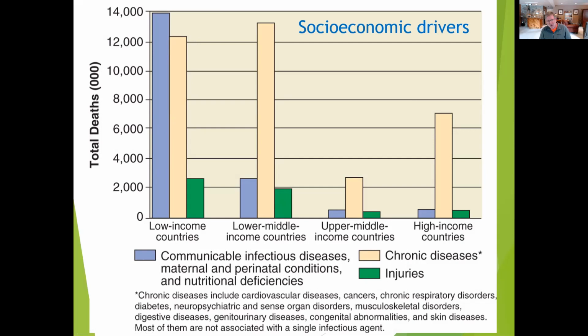But I think what's also quite interesting is the yellow bar here, the chronic diseases. Notice that high income countries have a higher number of mortality, death, due to chronic diseases than do, say, upper middle income countries.